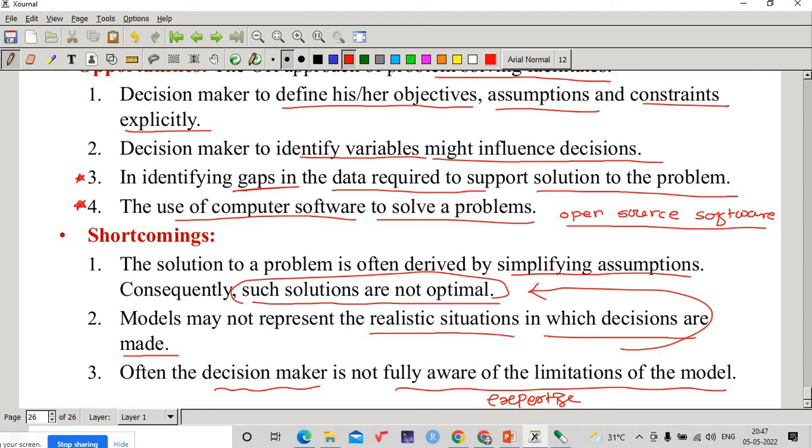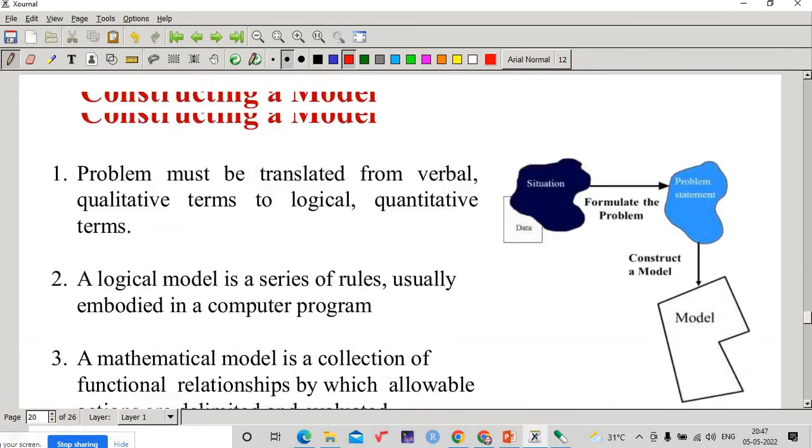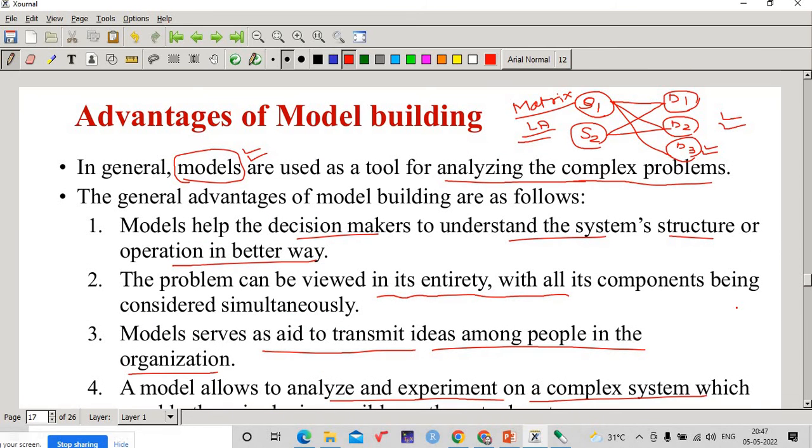Apart from today's lecture where a little bit of OR theory we have discussed, हम बहुत कुछ और के बारे में पढ़ सकते हैं through the textbooks, but the situation on this particular theory part and problems on this particular theory part will be given in terms of certain theory questions like explain the advantages of OR, what are the advantages of model building, what is the definition of OR, what are the different areas where OR is implemented.